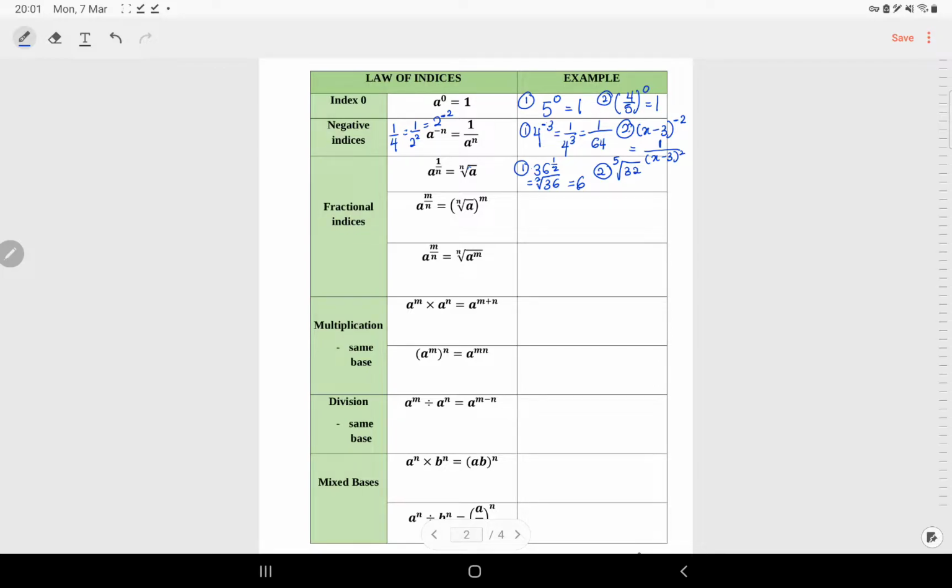Root 5 of 32 is basically equal to 32 to the power 1 over 5, and that should give you 2.